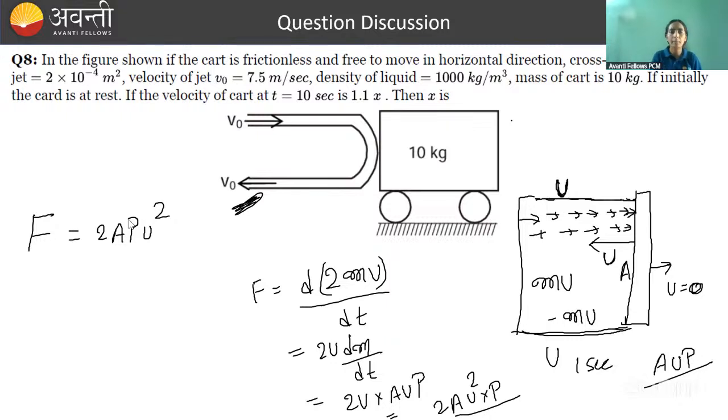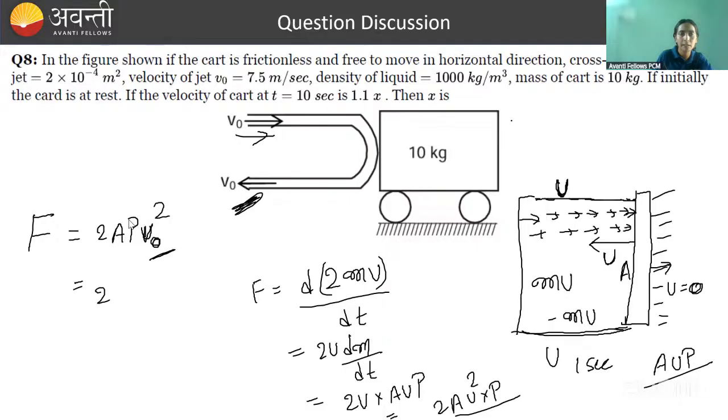Now tell me, what was written there? If you remember, relating this to the question, what is the value of u? V naught. So let's write here V naught squared. In this case I calculated for when this wall is at rest, that is, the speed is 0. If it were not at rest, then V naught will become the relative velocity of water with respect to the wall.